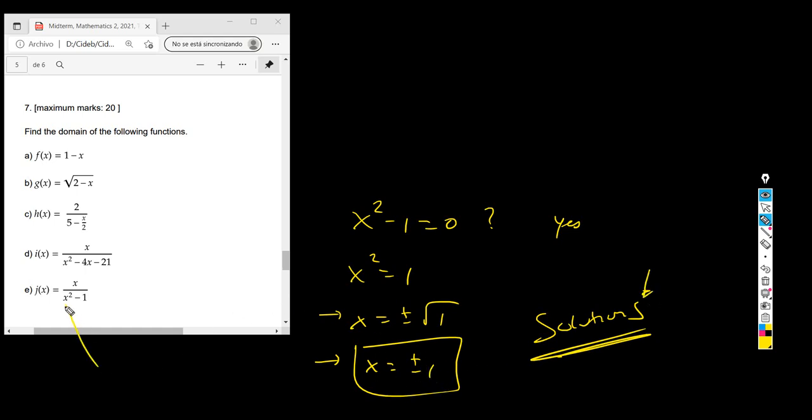If you input in that x either the plus 1 or the minus 1, all of this will become 0, and therefore these values should be excluded from the domain of this function. My conclusion is that the domain of J is all the real numbers except 1 and minus 1. And that solves this problem.